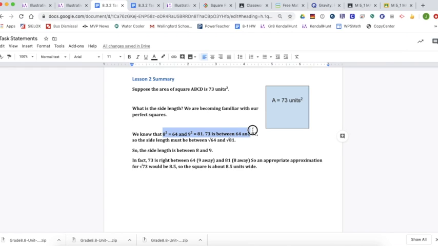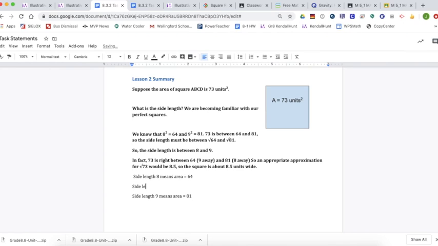And 73 is between 64 and 81. So because we know that if the square's side length was 8, the area would be 64. So side length 8 means area equals 64, and side length of 9 means area equals 81.